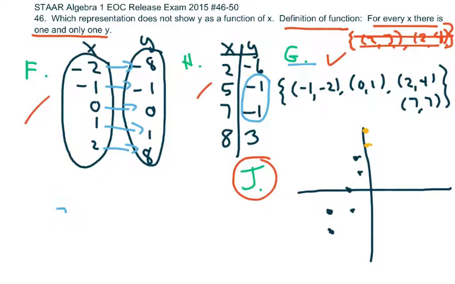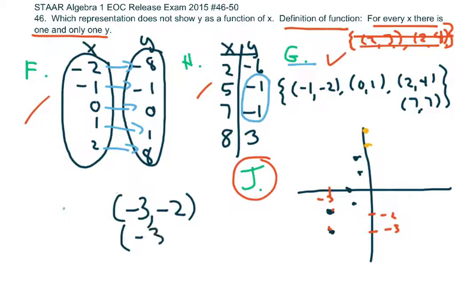And the reason J is not a function is, and I didn't label this, but we have x right here as -3. Well, -3 is paired both to -2 and -3. So if I wrote down this point, that would be -3 goes to -2, and -3 also goes to -3.